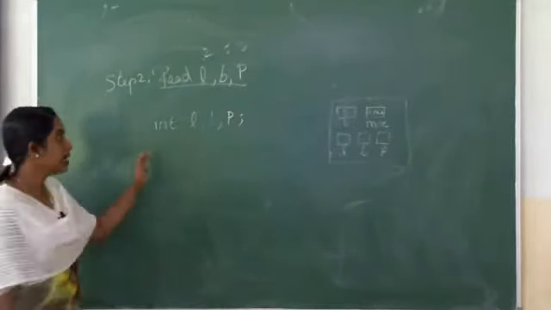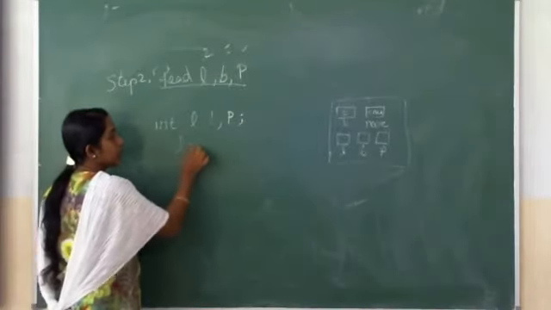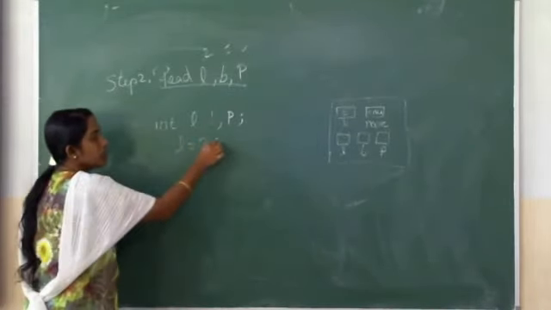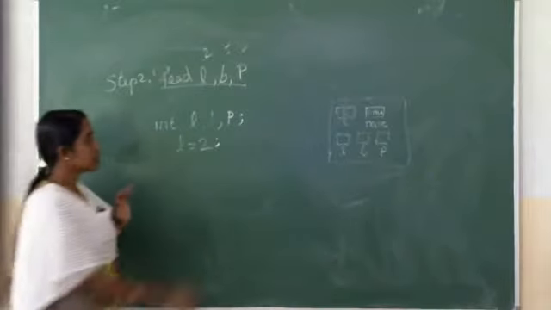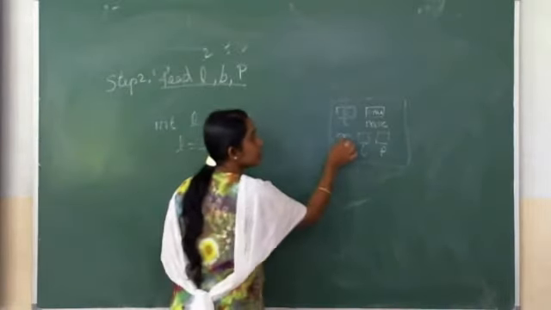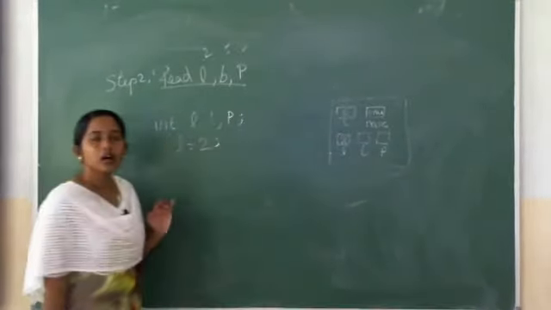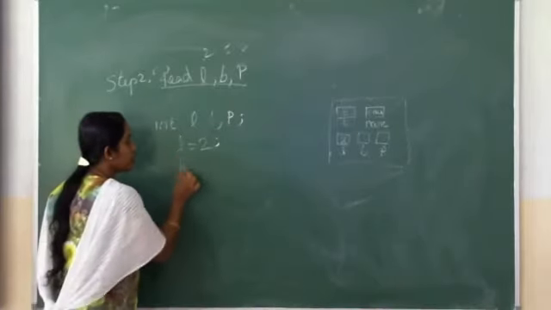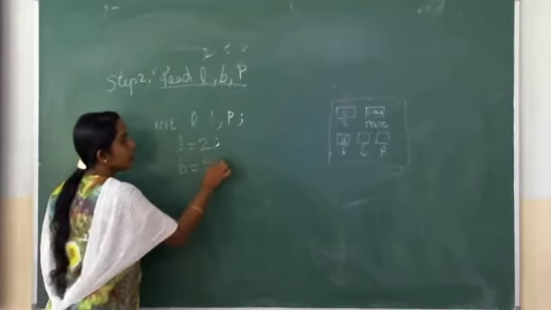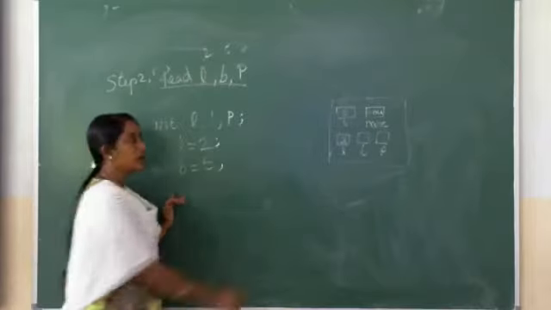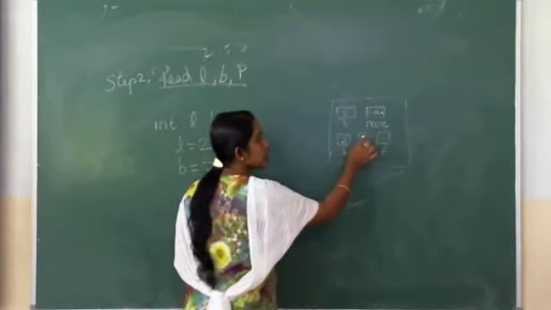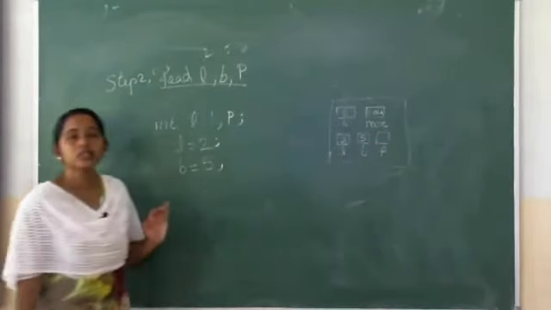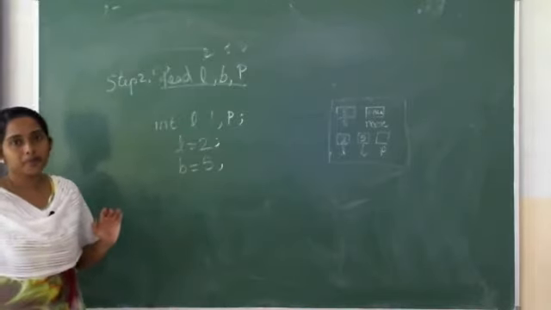Got it? And below here, if you write L equal to 2 semicolon, what will happen? This particular 2 will be stored in this memory location. Okay, and again if you write B equal to 5, what will happen in this memory location? It will store this value 5.